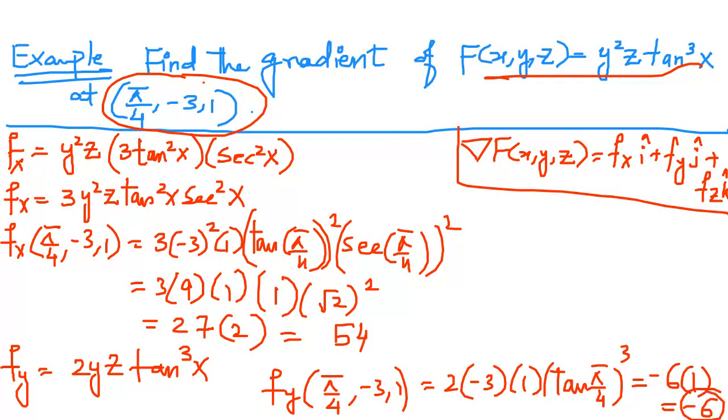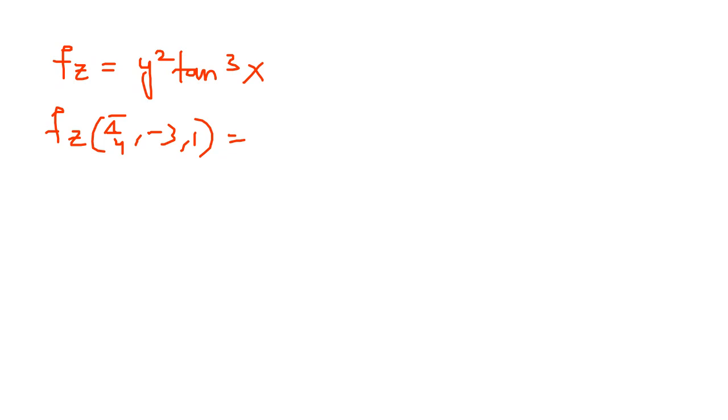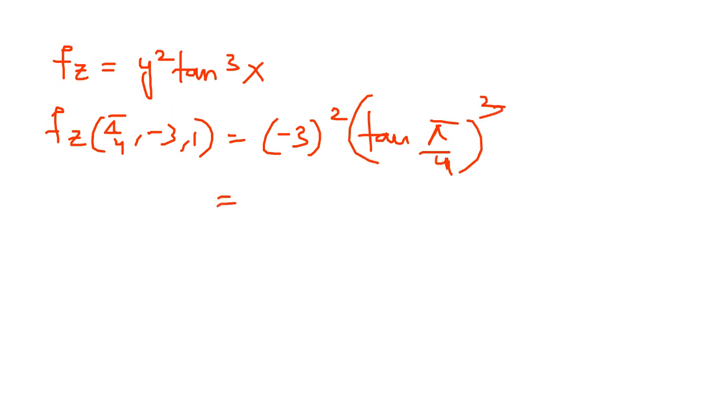Similarly, the partial derivative with respect to z is y square tangent power 3 x. When you substitute the point, that gives minus 3 whole square times tangent of pi by 4 whole cube, which is 9 multiplied by 1, equal to 9.